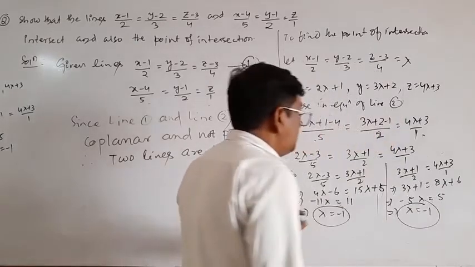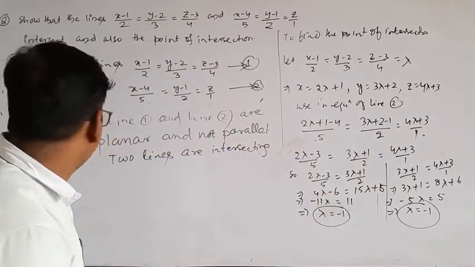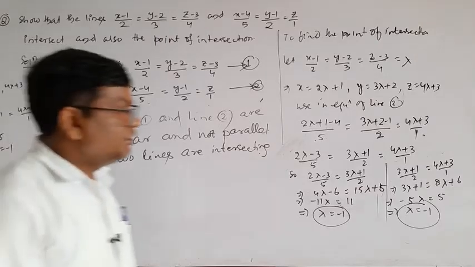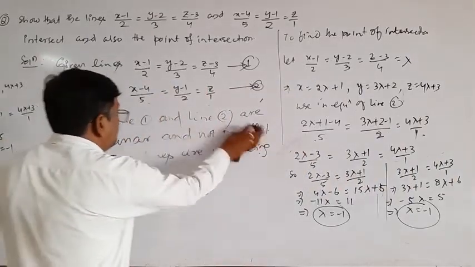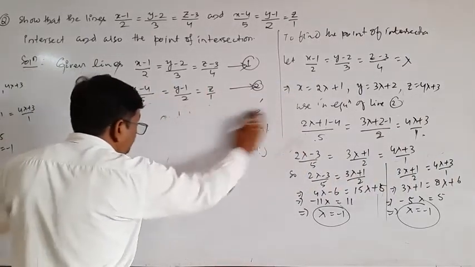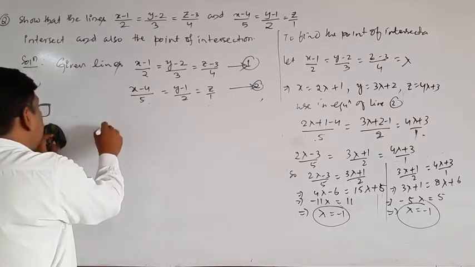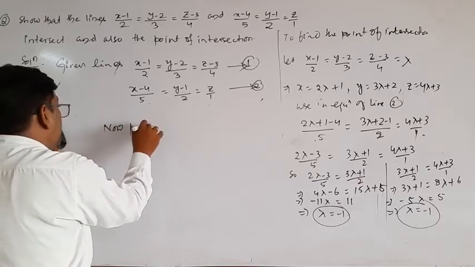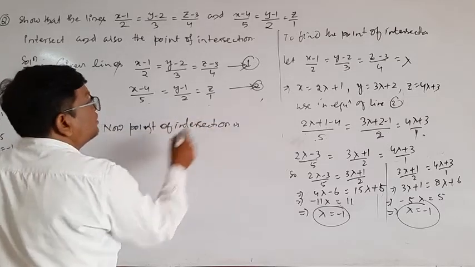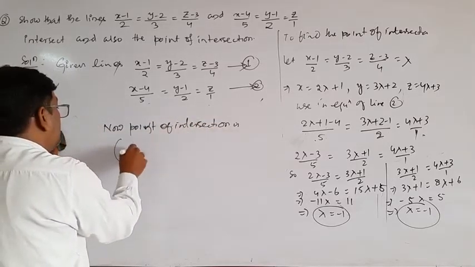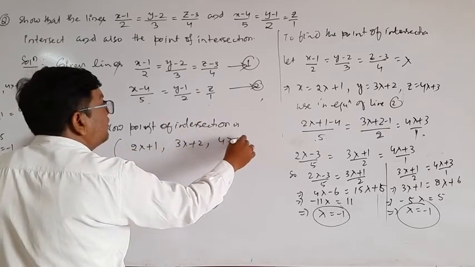Since in both cases the value of lambda remains the same, therefore the lines are coplanar. Now the point of intersection is found by putting the value of lambda: 2 lambda plus 1, 3 lambda plus 2, 4 lambda plus 3.